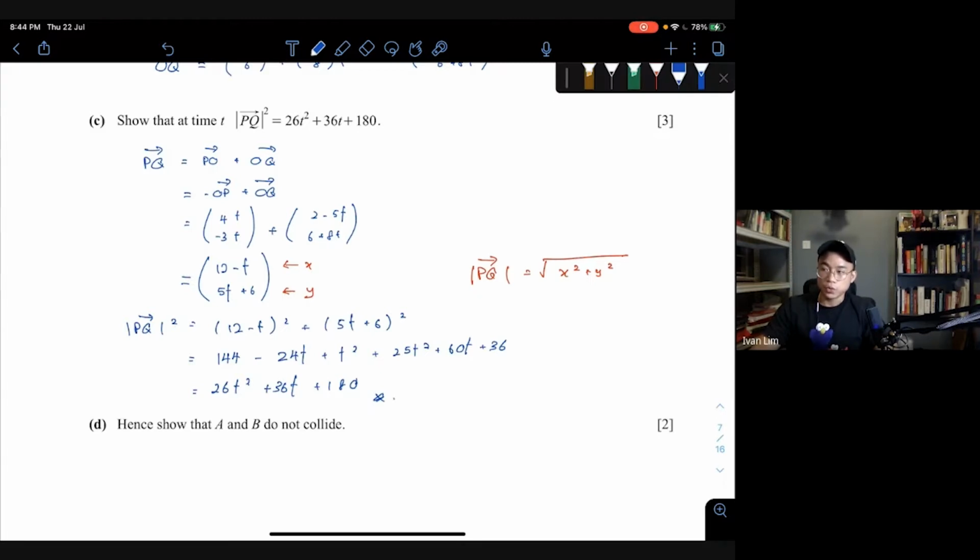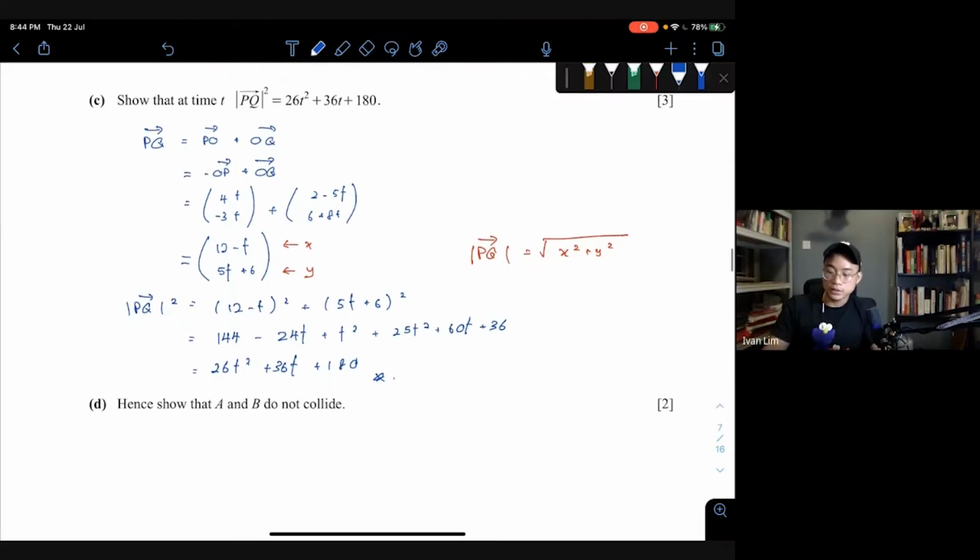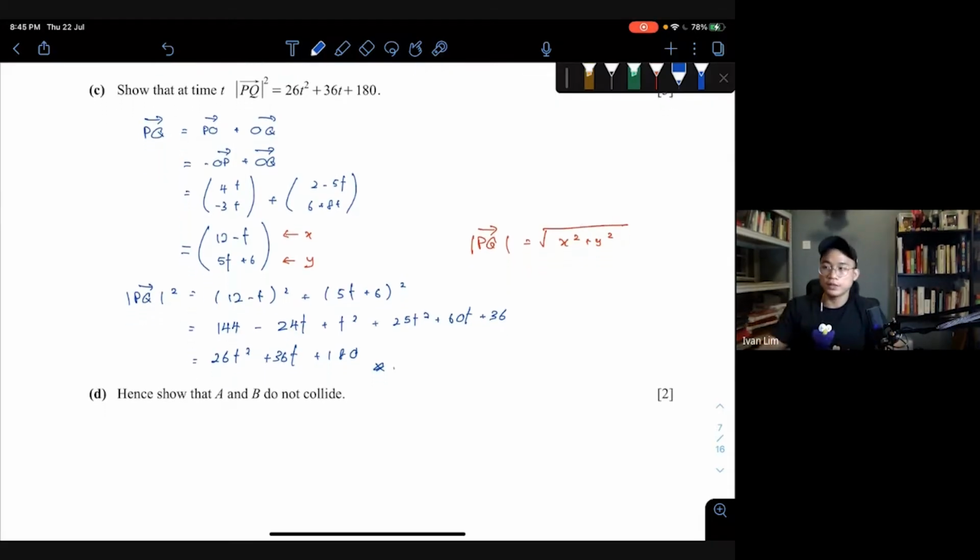So how to show that they do not collide? The theory of it is that there won't be a time that they are in the same position. There's no t value that they are in the same position, which means we cannot find t. To prove that we cannot find t, we solve the equation above, 26t squared plus 36t plus 180.